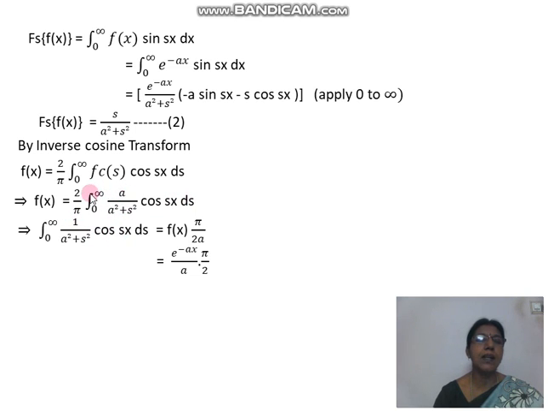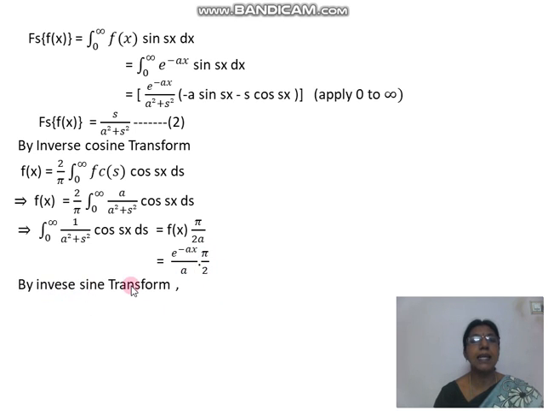Bringing this to the other side, f of x into pi by 2a, since 2a goes to the denominator. Now substitute f of x. You get this integral value equal to e power minus ax into pi by 2a.